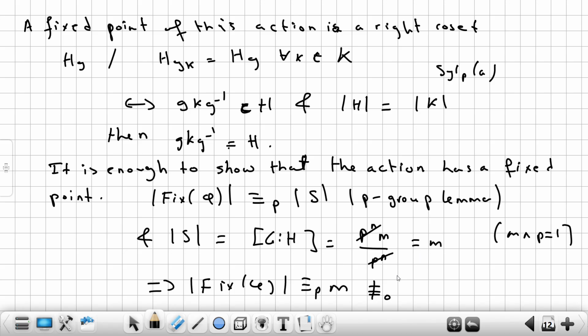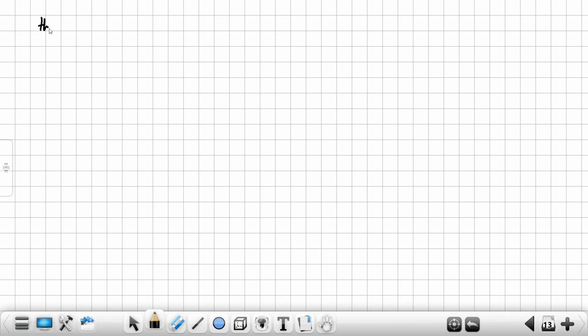And so we have at least an element, a fixed point of the map phi, and we are done. Establishing the result. So now any two Sylow p-subgroups are conjugate.